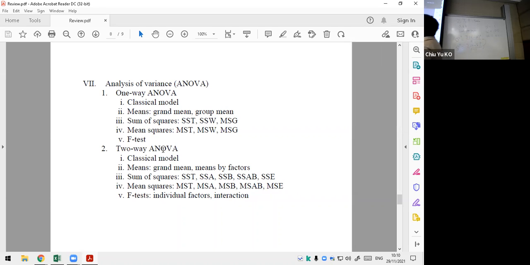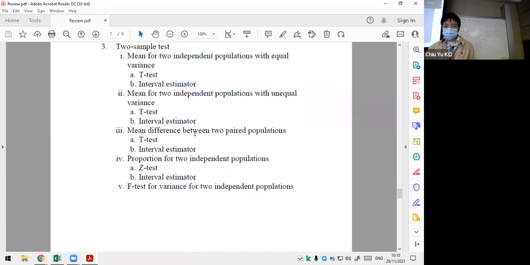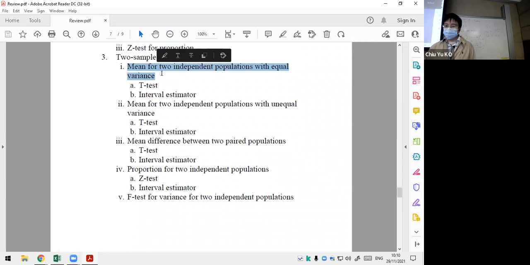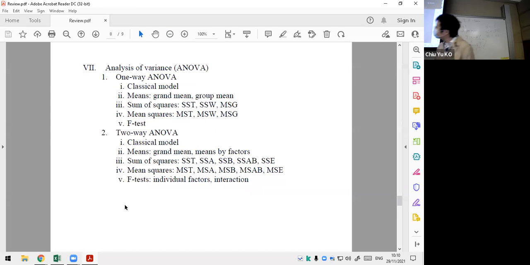Okay, and Anova, by now you should know Anova is a generalization of the t-test, right? The t-test for equal variance is just looking at two populations. And Anova is asking the same question but more than two populations. It's many populations. And then you want to see under this assumption whether the means are the same or not.